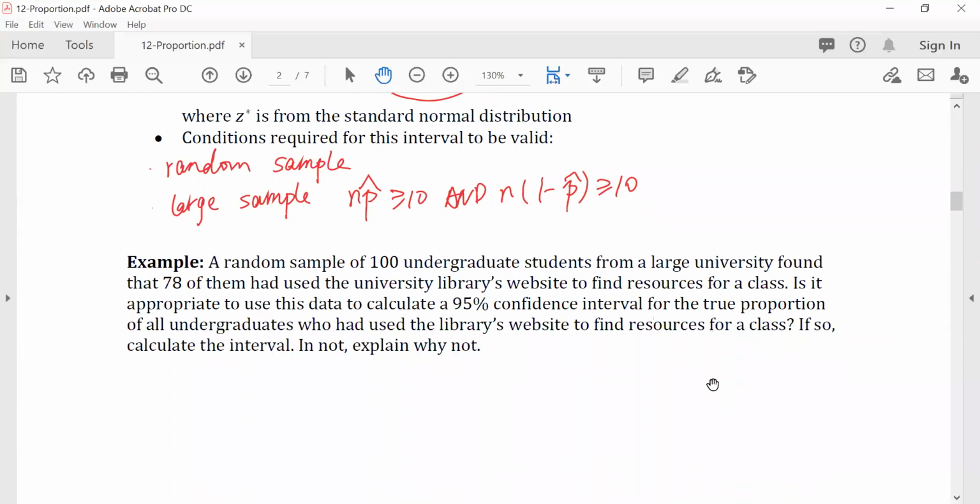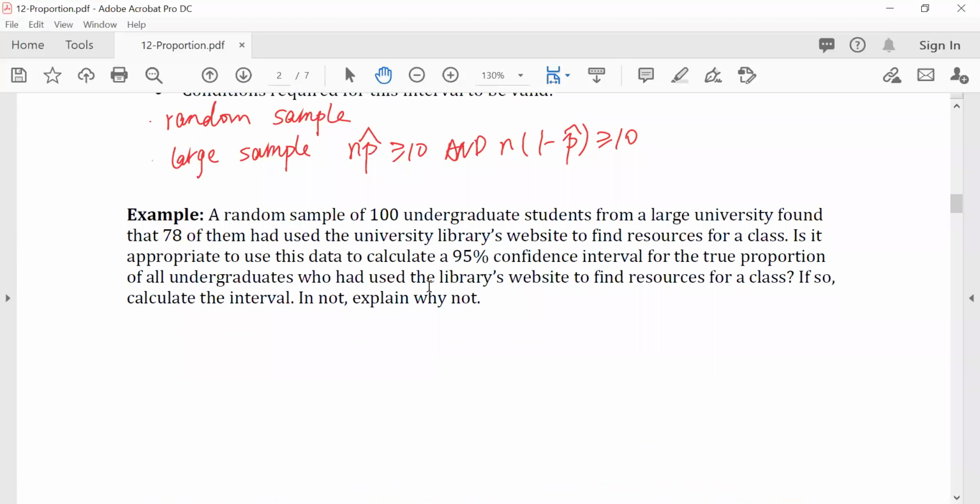So let's take a look at the example on how to find this confidence interval. If you haven't read it, you could pause the video here and come back to watch it. This is an example of how to calculate the confidence interval for a proportion. The first thing, let's check if the conditions are met.